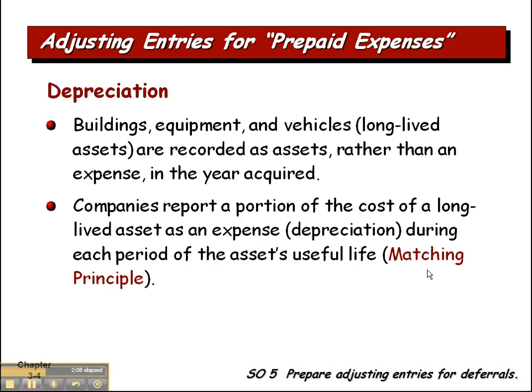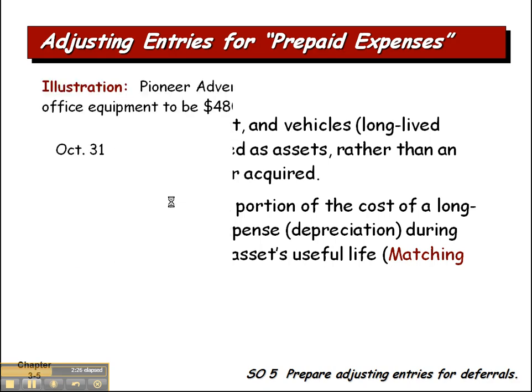Depreciation. Buildings, equipment, and vehicles, long-lived assets, are recorded as assets rather than expense in the year acquired. Companies report a portion of the cost of a long-lived asset as an expense, depreciation, during each period of the asset's useful life. So basically, that's all part of the matching principle.